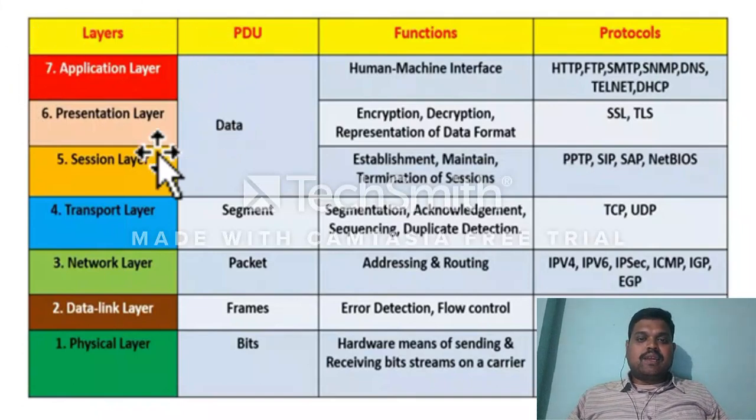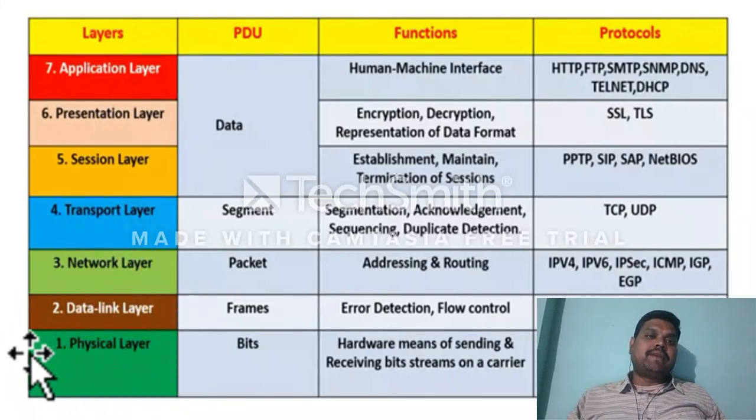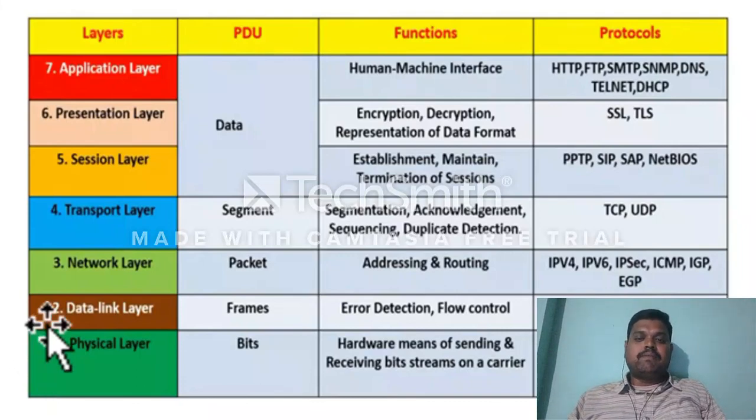Whereas the bottommost 3 layers, physical layer, data link layer and network layer, will be implemented as hardware, or require some sort of hardware support in order to implement their functionalities. As I said, the transport layer will be the heart of the OSI reference model, right?